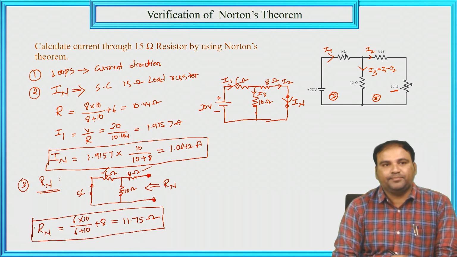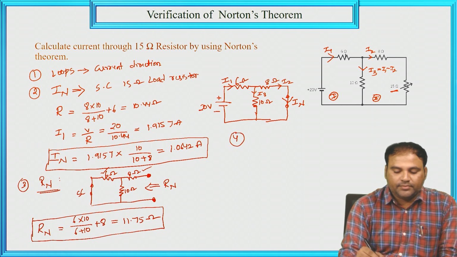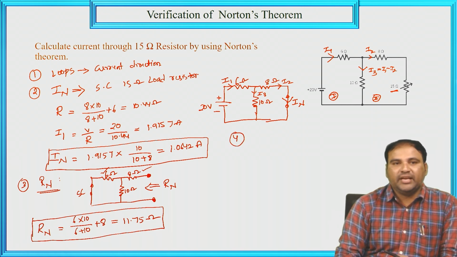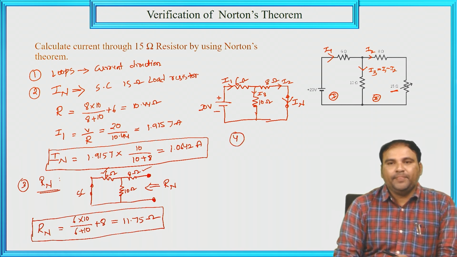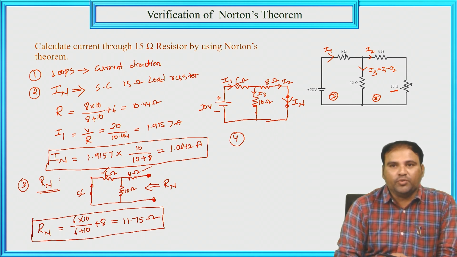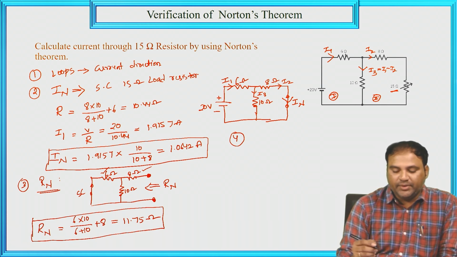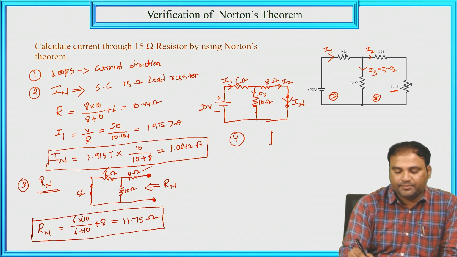Step number 3. Now step number 4. According to the statement of Norton's theorem, the total voltage is replaced by Norton's current, and the total resistance is replaced by Norton's resistance in parallel with the load resistor, that is 15 ohm. So now we need to draw the equivalent circuit. Here is the Norton's current, IN.